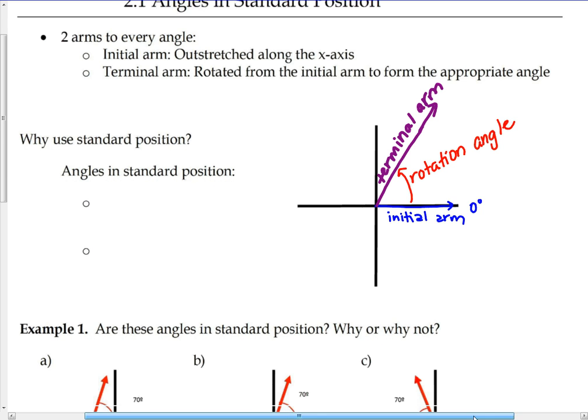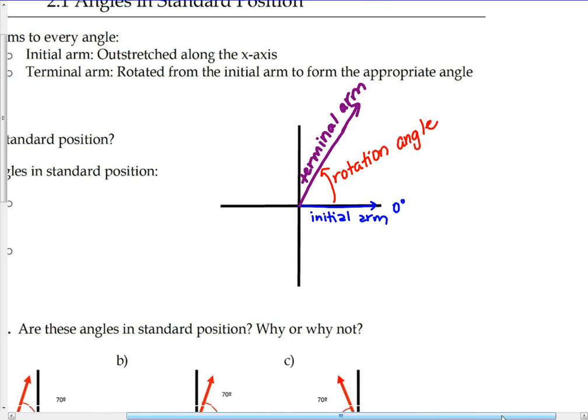Now, theoretically, you could have an initial arm that's here, and you could have a terminal arm that's here, but that would be too hard, right?